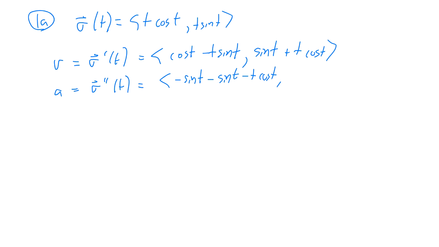And for this component, cosine t plus another cosine t minus t sine t. So that's negative 2 sine t minus t cosine t and 2 cosine t minus t sine t.